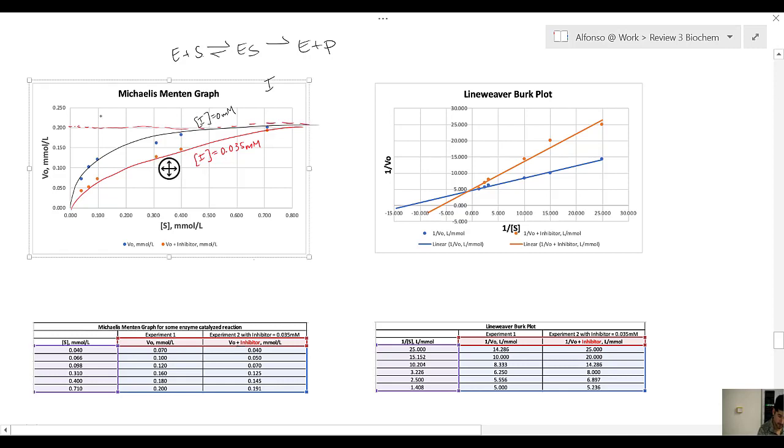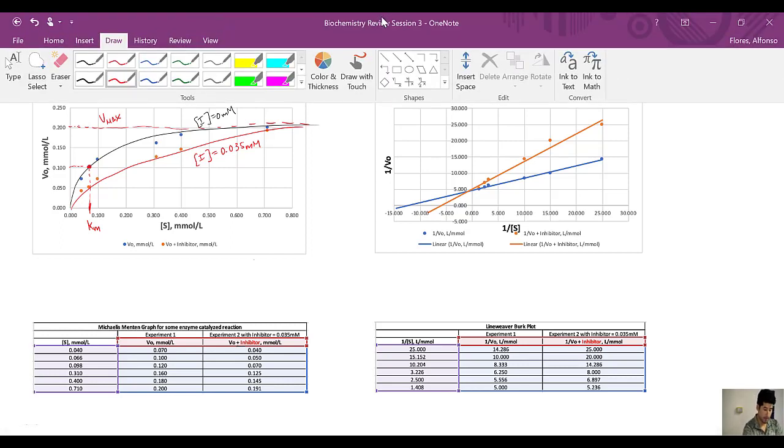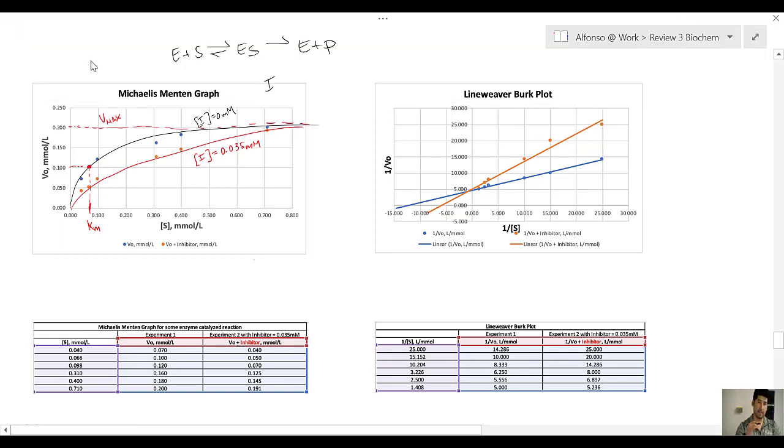Okay, so then we find our Vmax, like we always do whenever we're given a Michaelis-Menten graph. And then you find your 1/2 of the Vmax. That's this point right here, and that is going to be our Km value.